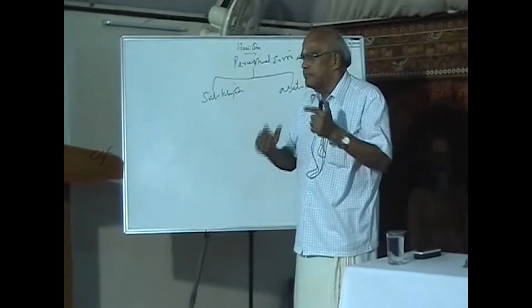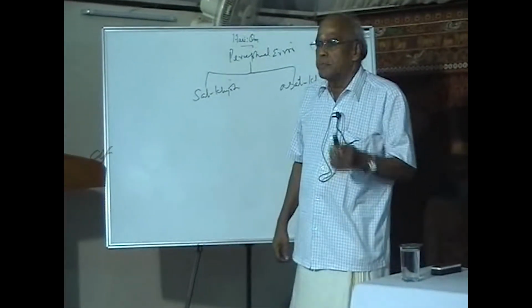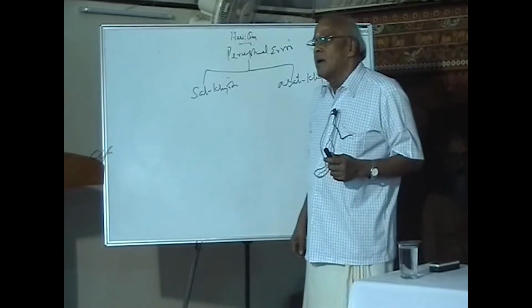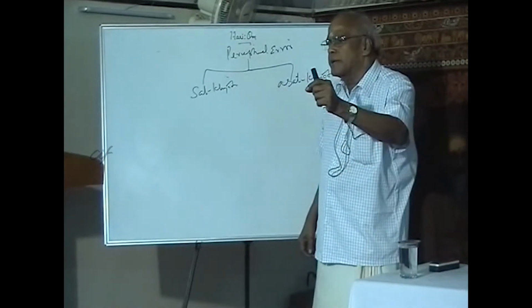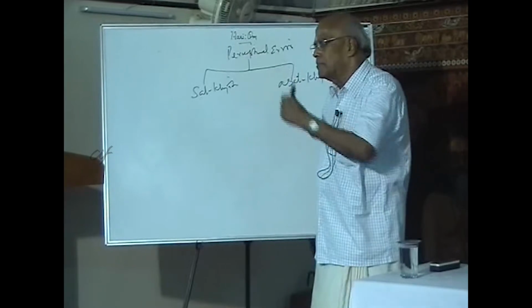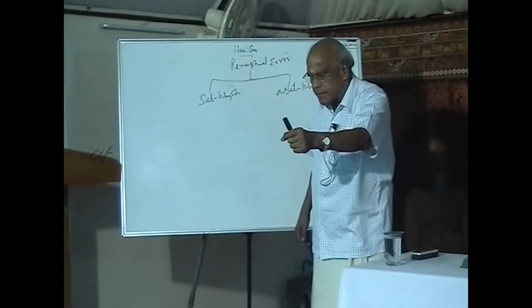It's only shell. That is the perceptual error in which we mistake a small piece of shell for silver, just as we mistake rope for snake.